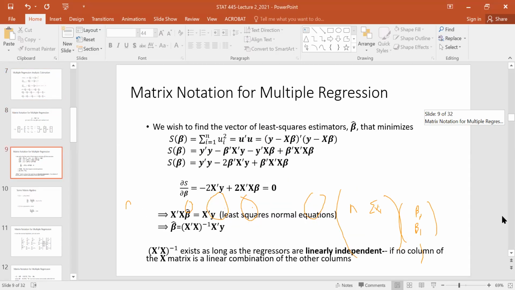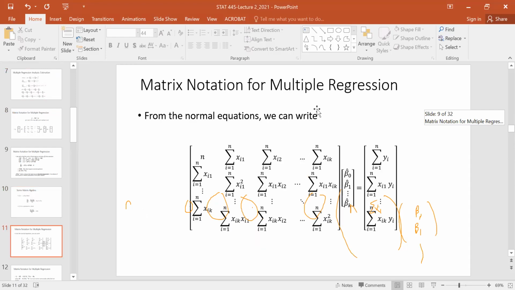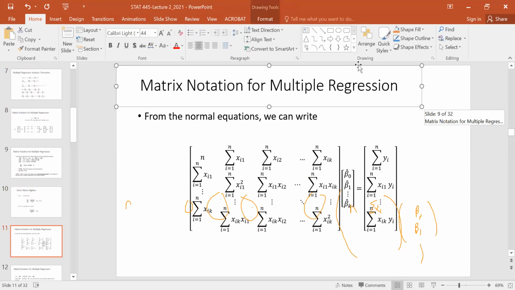If you take this row and multiply by the betas, you will get the first equation on that slide I just moved away from. Think about it, n will now multiply beta 0 hat, this will now multiply that, and so on. So that's where it's coming from.